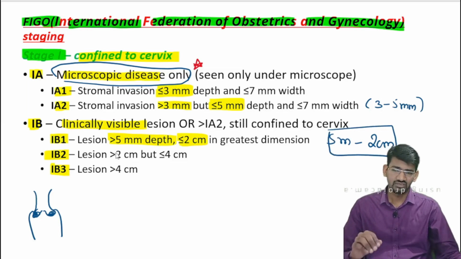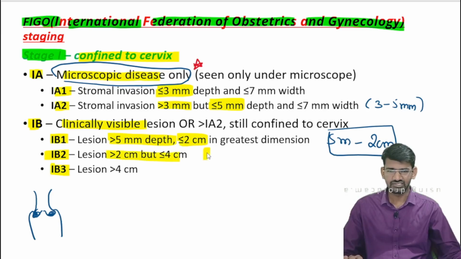In B2, the size is more than 2 centimeter but less than 4 centimeter, that is 2 to 4 centimeter. And in type 3, that is B3, the lesion is more than 4 centimeter.